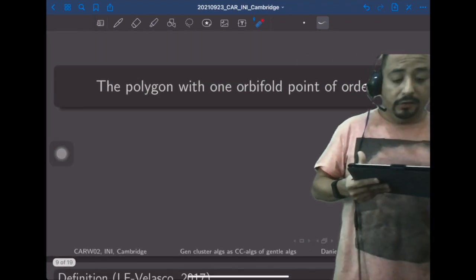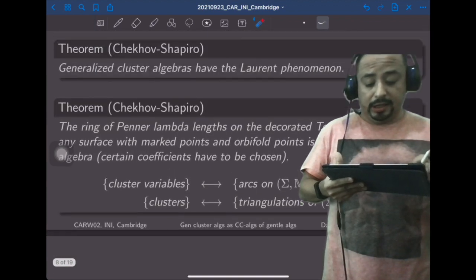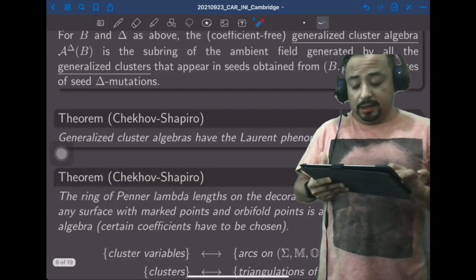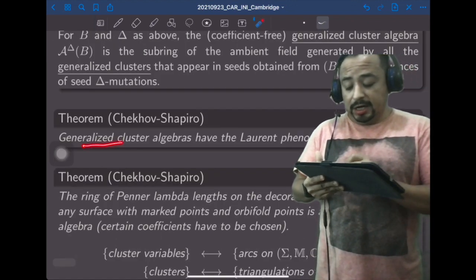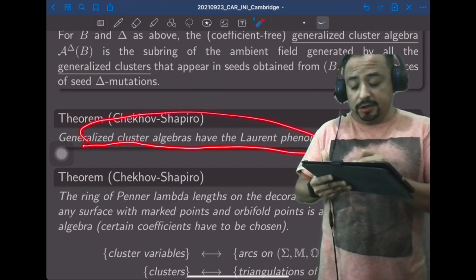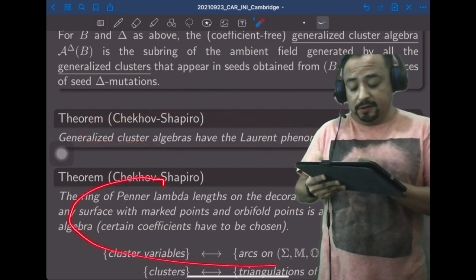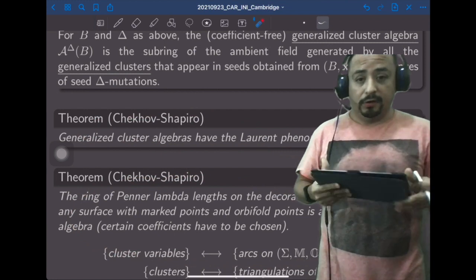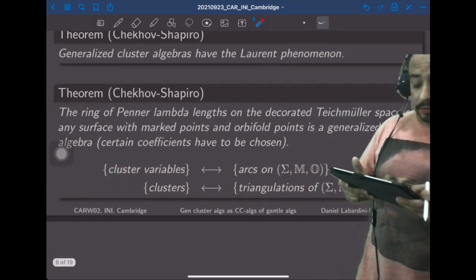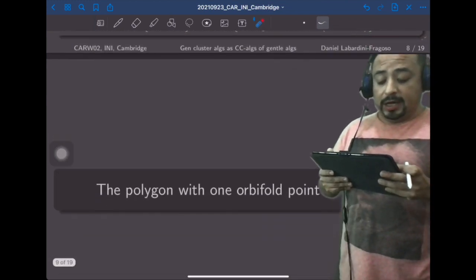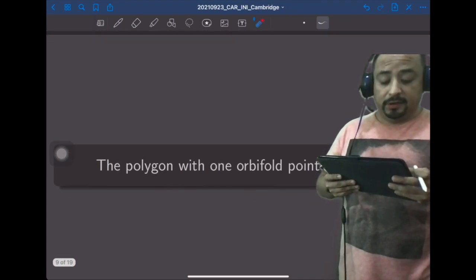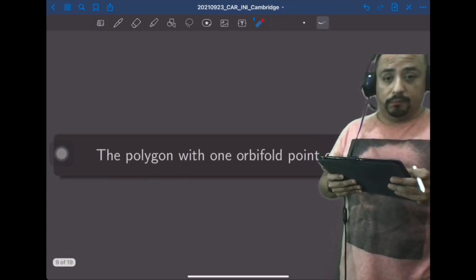Okay, and then of course there is a natural problem, which is: can one realize such generalized cluster algebras, or at least the ones coming from surfaces with orbifold points, as Caldero-Chapoton algebras of some associative algebra?